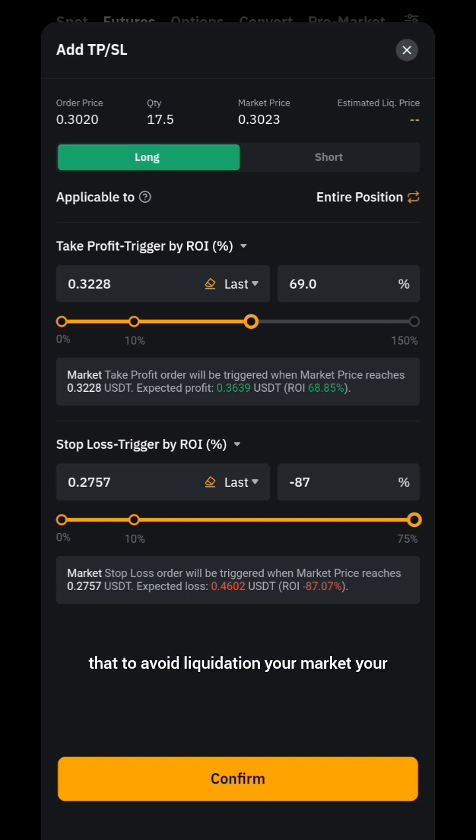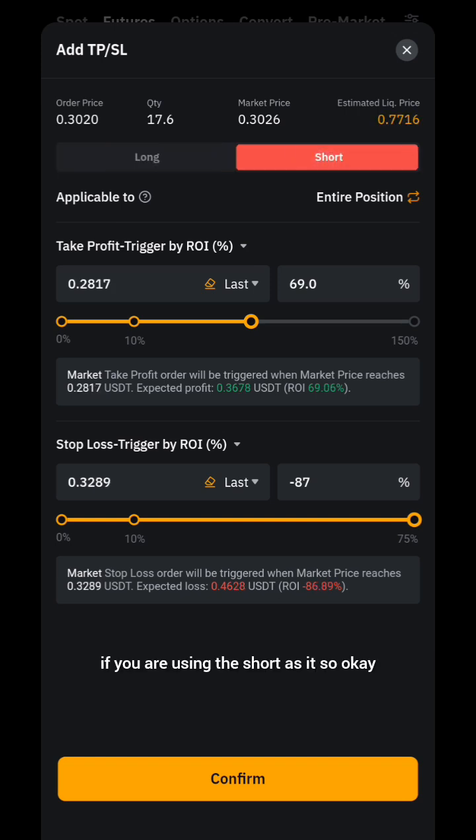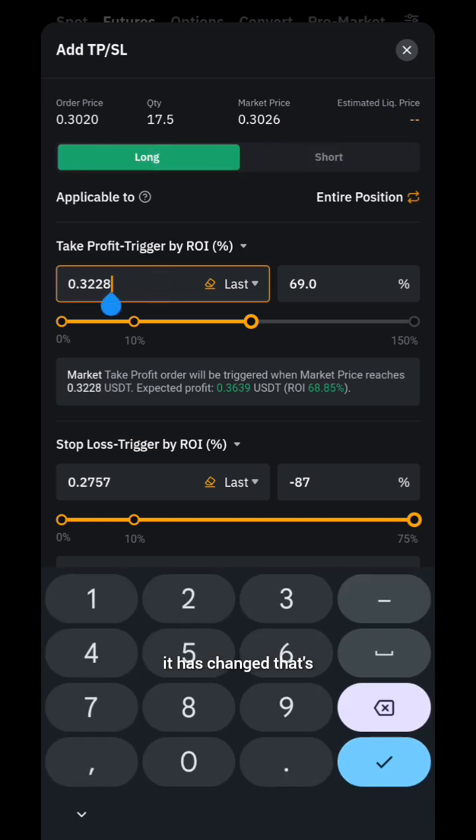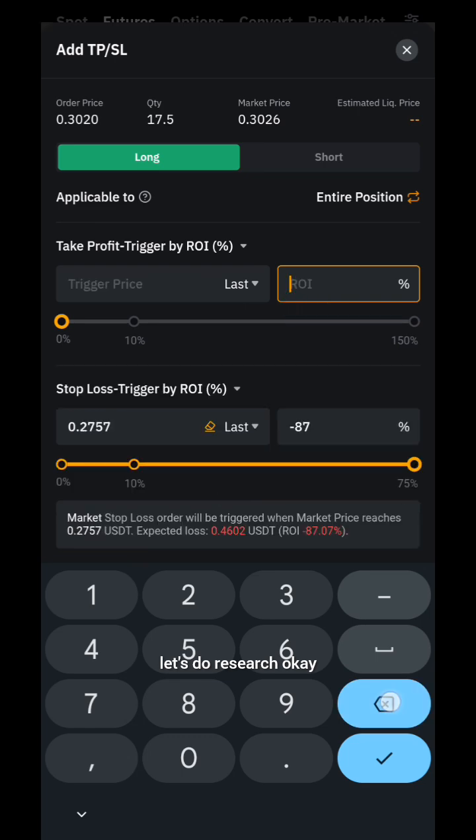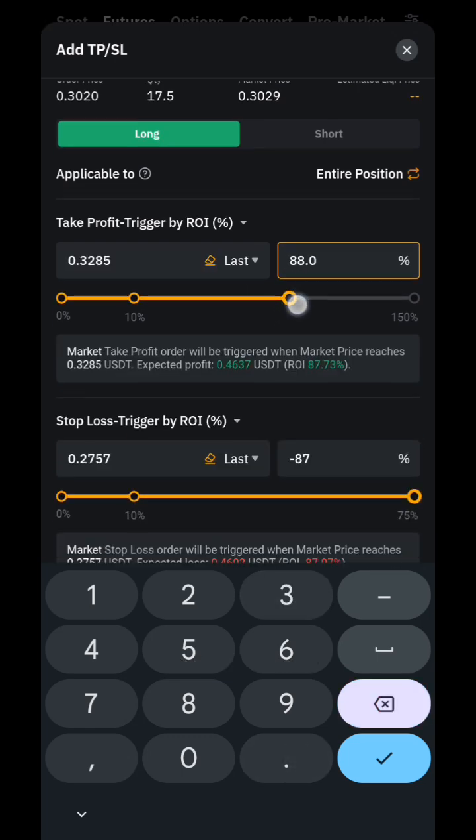To avoid liquidation, your stop loss shouldn't be 100%. It mostly shouldn't even be far from your entry level. The same thing goes if you're using a short. So okay, we said 3.31, right? Okay, 87%.